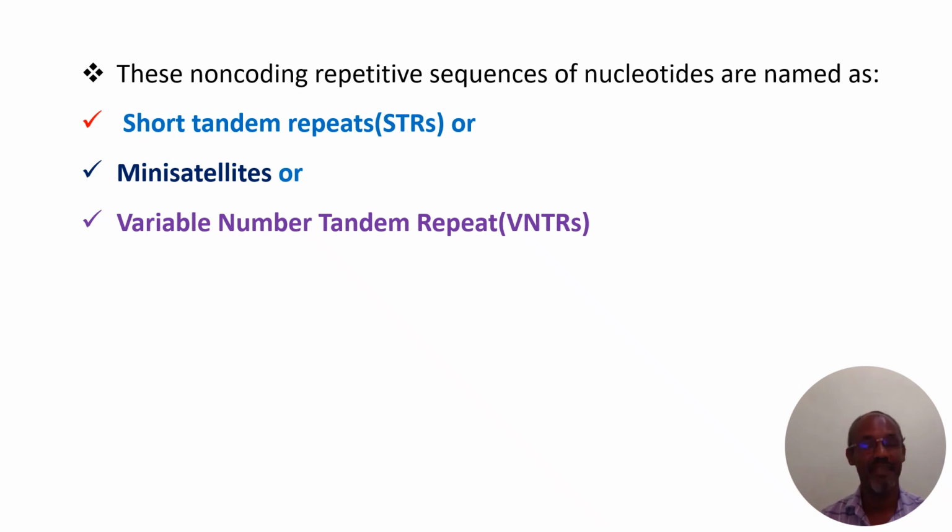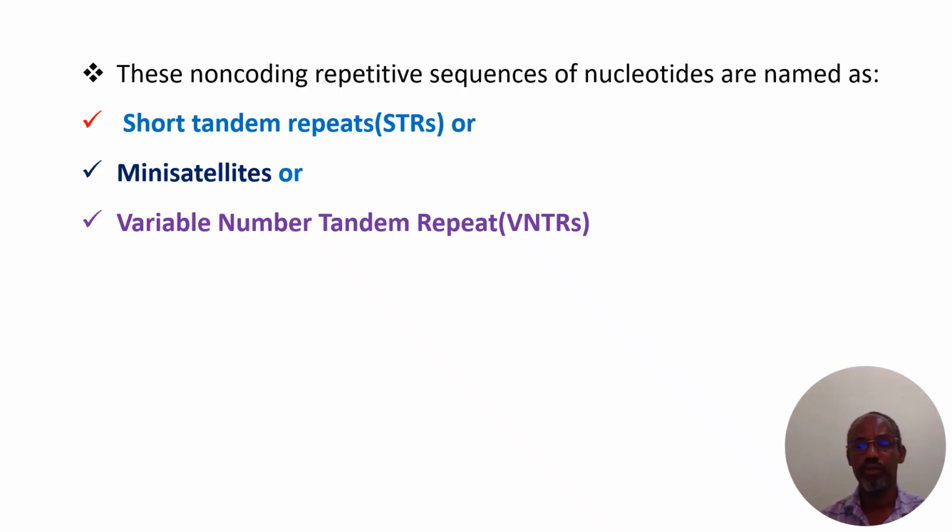Everybody has these non-coding sequences. What is the special feature of this sequence of nucleotides? They are repeating units. This repetition is not the same in individuals. They may repeat from 2 to 10 nucleotides. For example, if it's 2, AC, AC, AC, AC, AC, how many times?